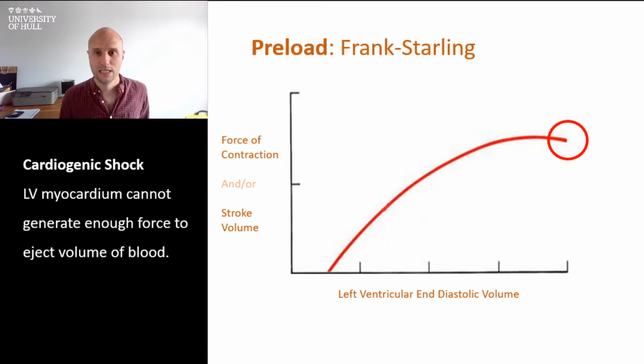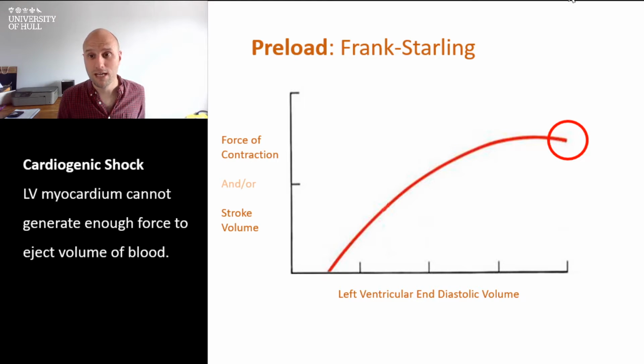Now, in a failing heart, if we think about the Frank-Starling curve, this describes a relationship between how full the left ventricle is, and we find that the fuller it gets, the more the myocytes and the heart muscle stretch, so that it contracts with more force, kind of like a piece of elastic.